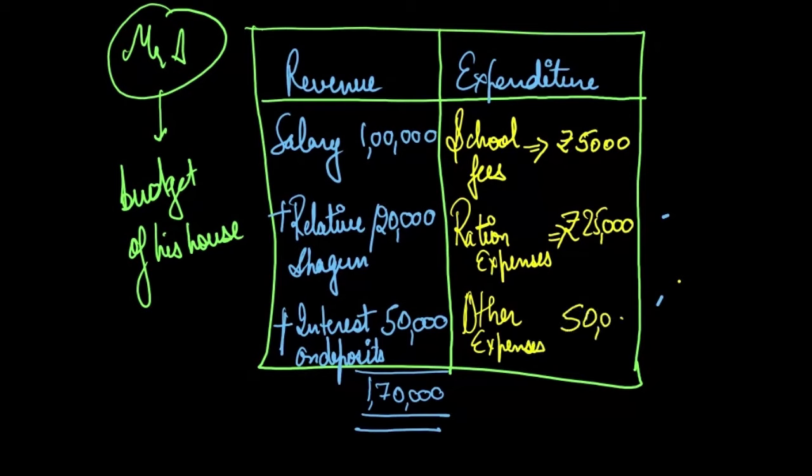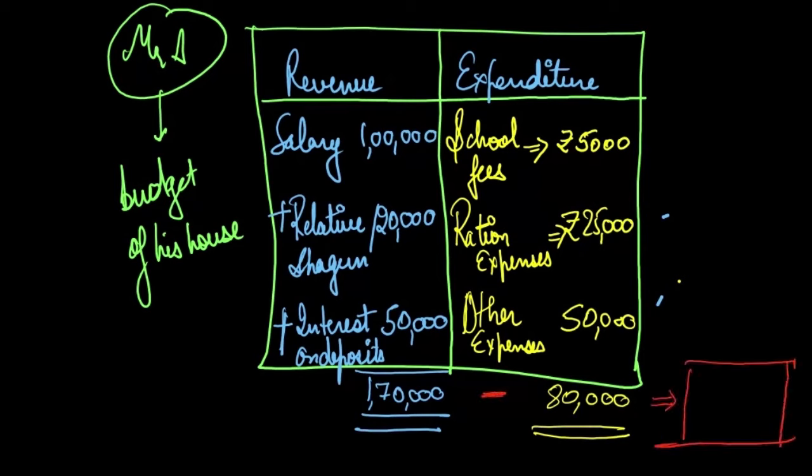So what's his total expenses? 80,000. So Mr. A will be able to save around 90,000.